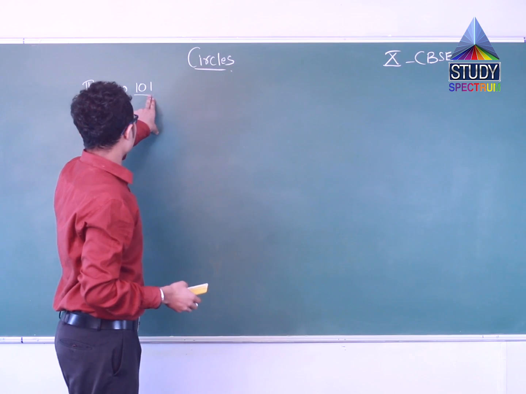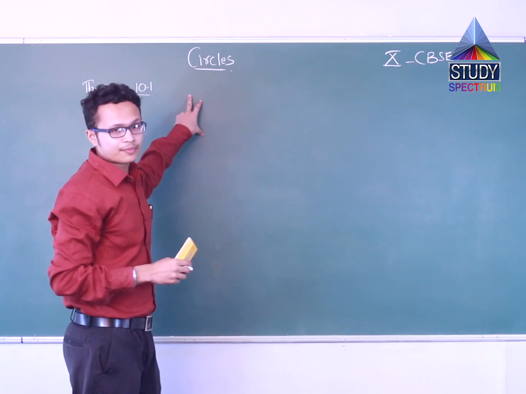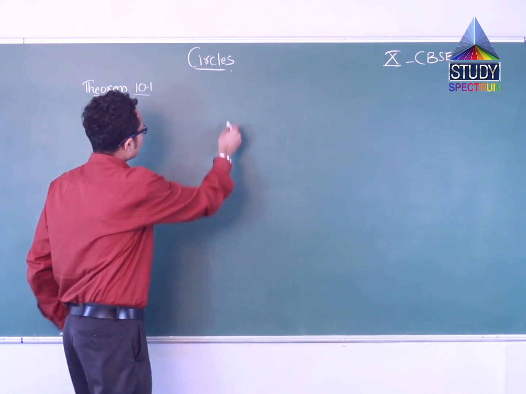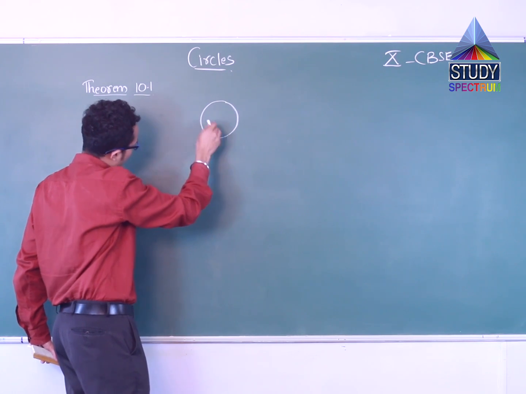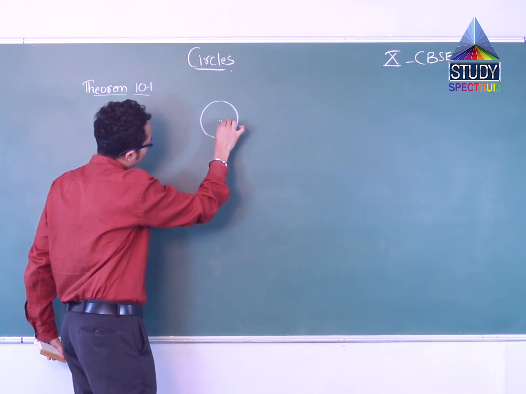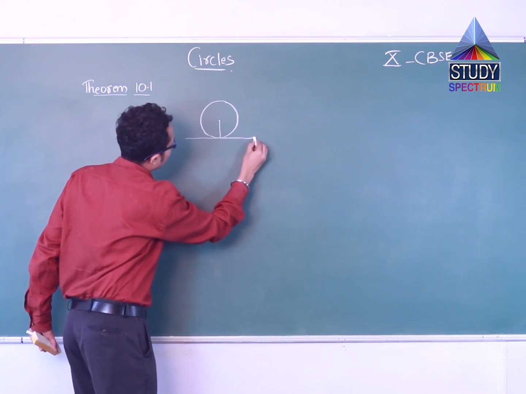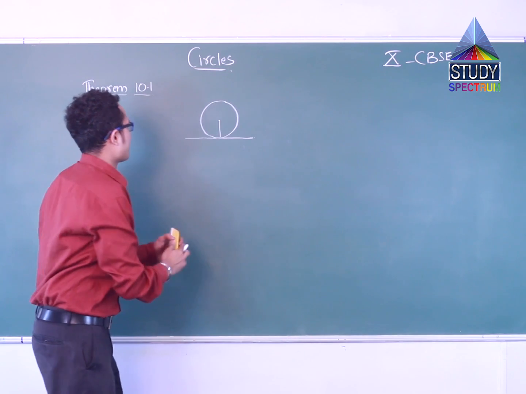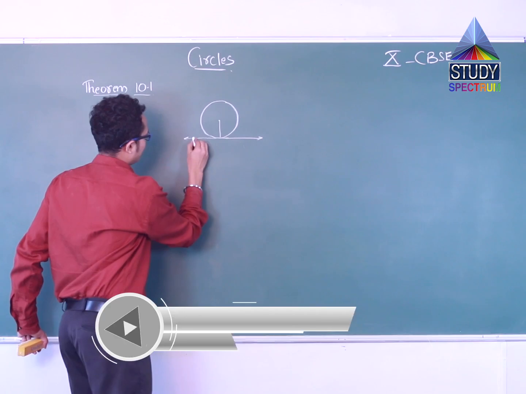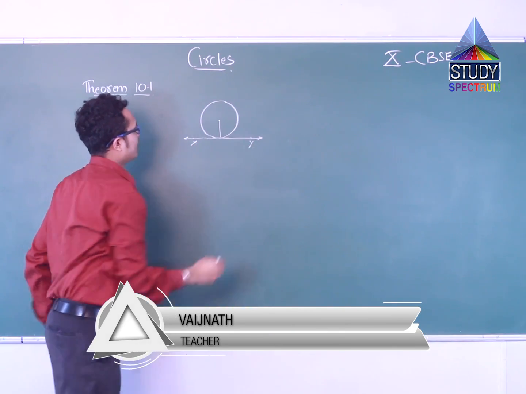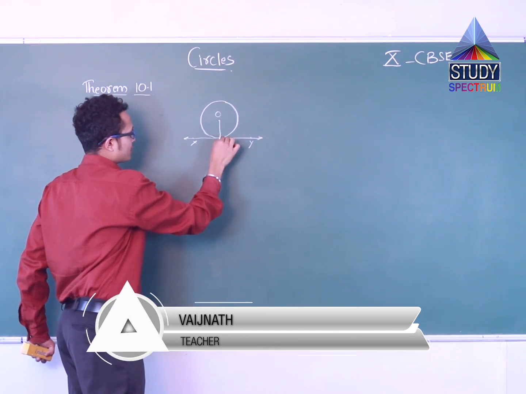I'll paraphrase and draw the diagram here. Theorem 10.1 is given in terms of a statement as: the radius of a circle meeting the tangent is at right angles. Now this is a tangent, say xy, and let me indicate the center by letter O, and this is radius r.